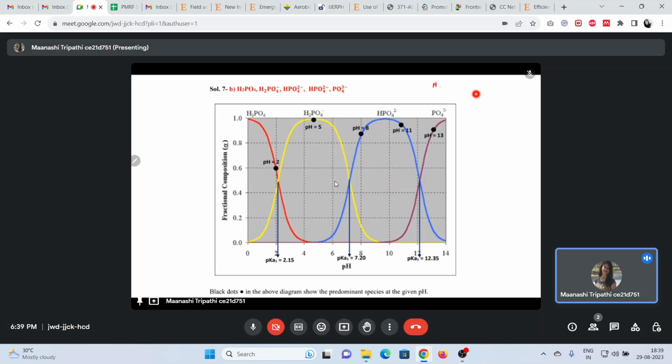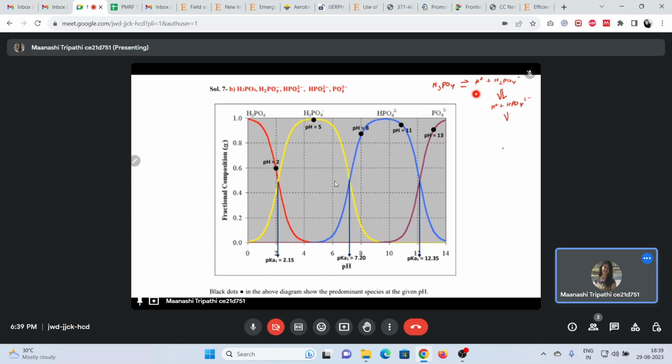See, this H3PO4 will dissociate as H plus and H2PO4 negative. Then this will dissociate further as H plus and HPO4 2 negative.